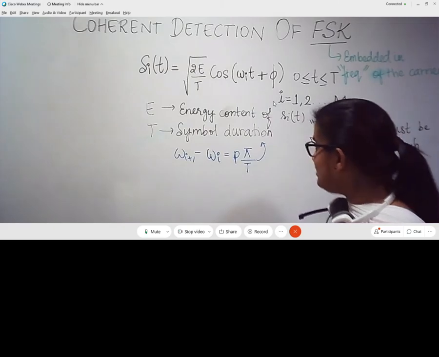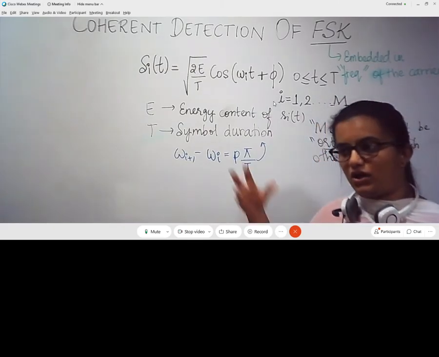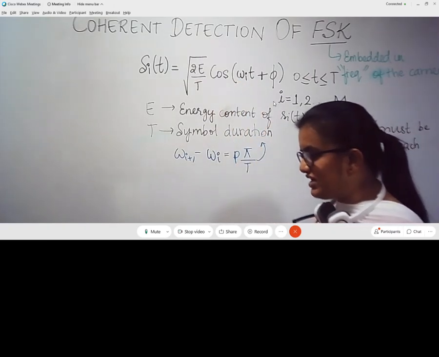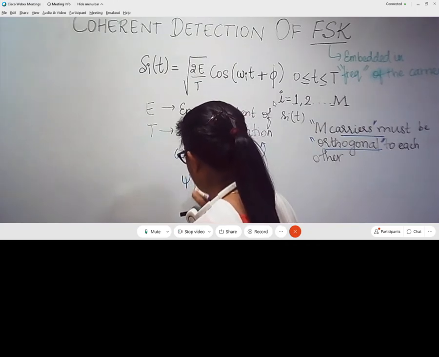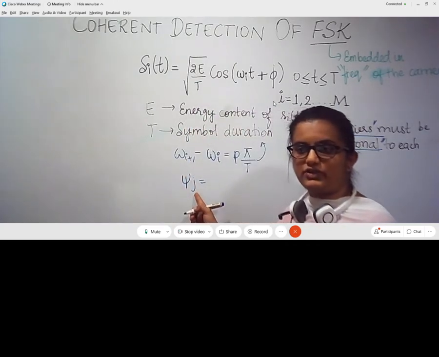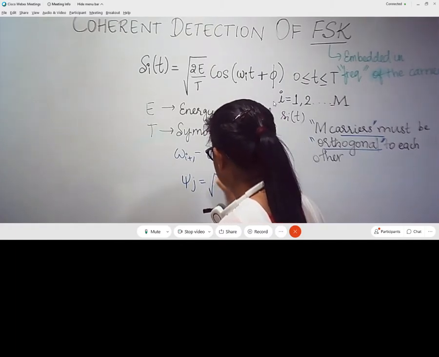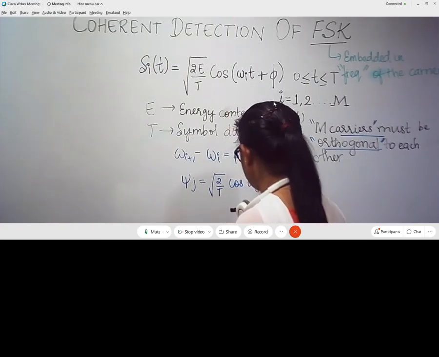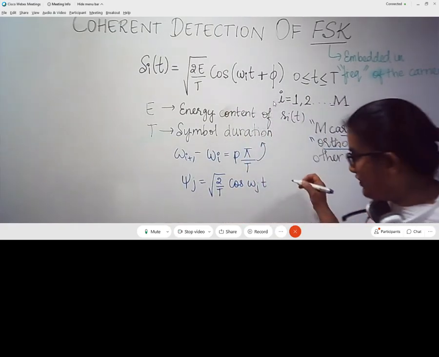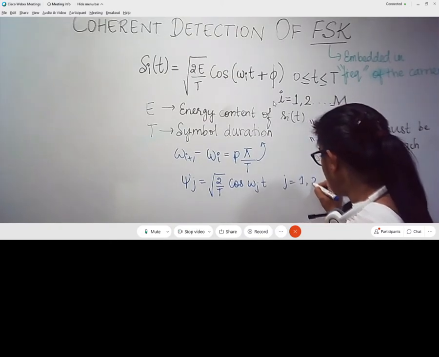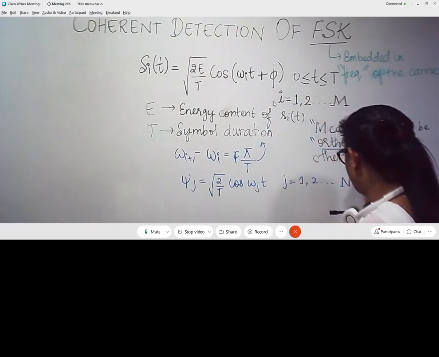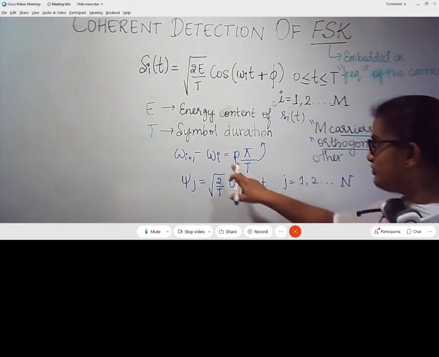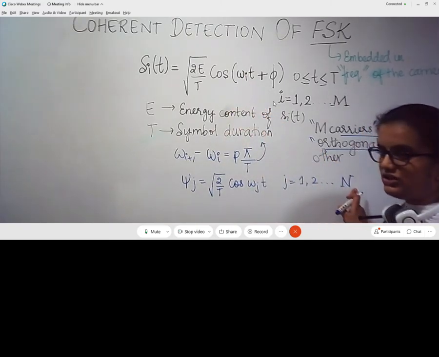Having said that, now I can always express this Si in terms of its basis functions. As we know, basis functions are identified as xi j. I represent it in a general format, xi j, which is equal to under the root 2 by T, cos omega j t, where j can take any value from 1 up to capital N. I'm trying to map Si into an N-dimensional vector space.